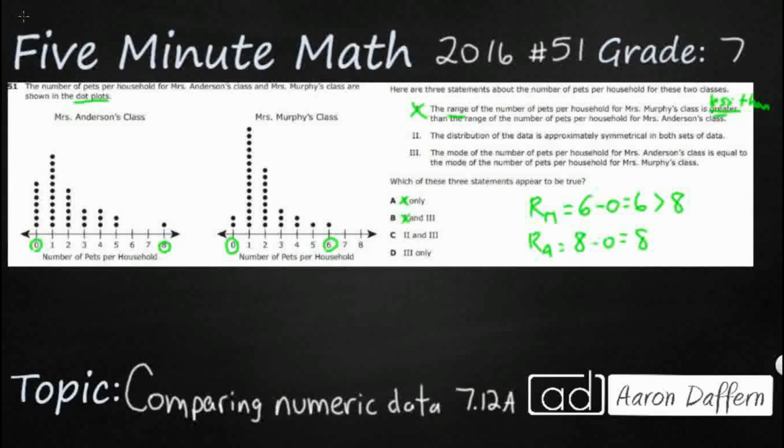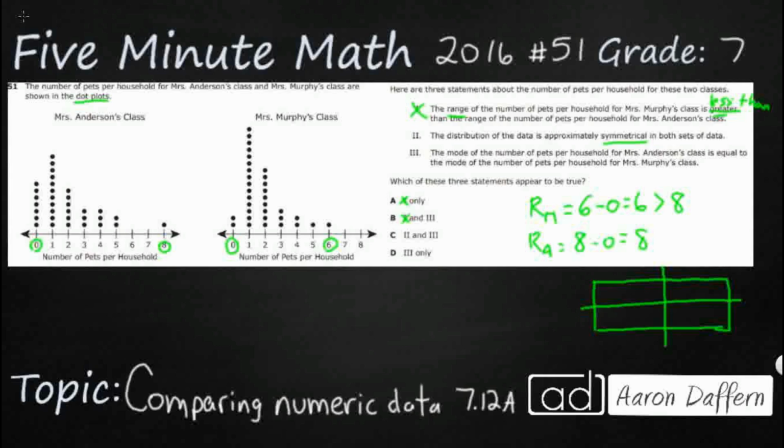The distribution of data is approximately symmetrical in both sets. Okay, so symmetrical, remember, if we're just looking at like a rectangle here, the line of symmetry is going to be a line that cuts it evenly in half. So it's that same idea of where's that line of symmetry.